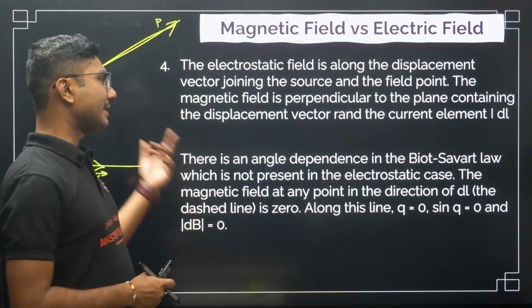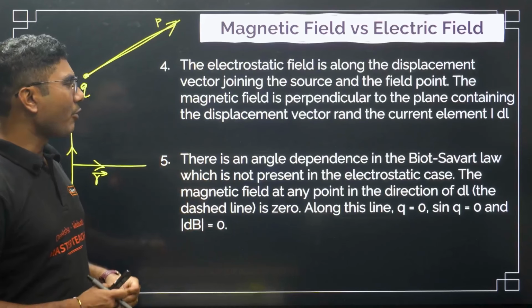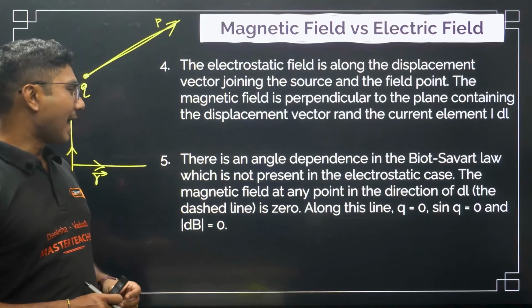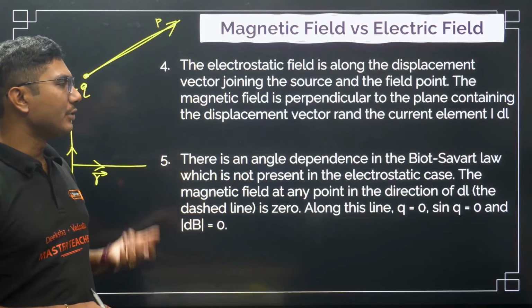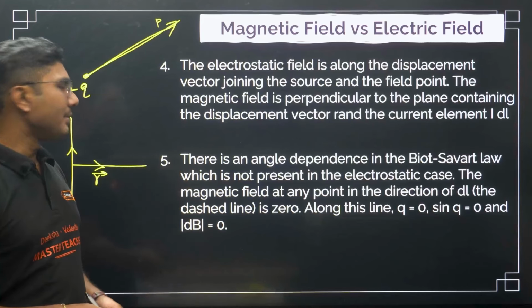So from there we can say that the magnetic field at any point in the direction of dl, along the dashed line, is 0. Along this line, theta is 0, sin theta is 0, and dB is 0.